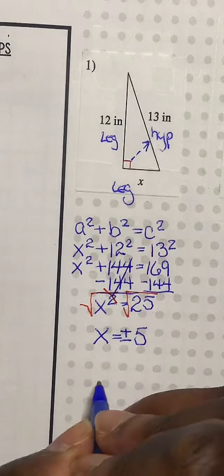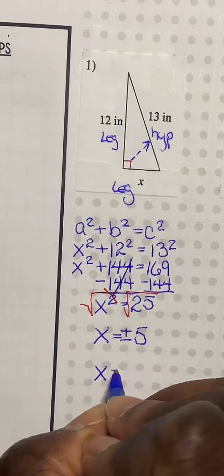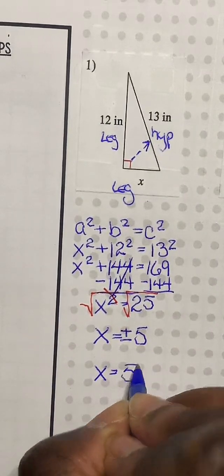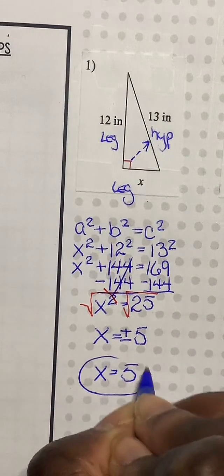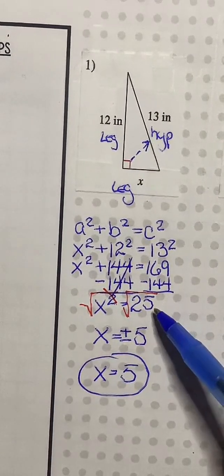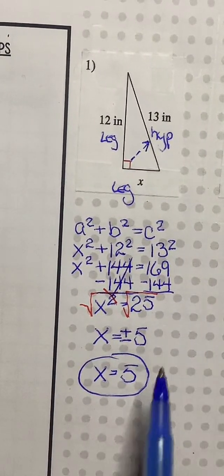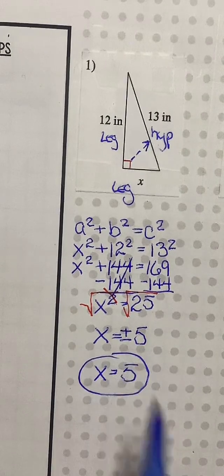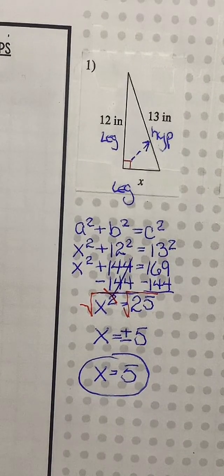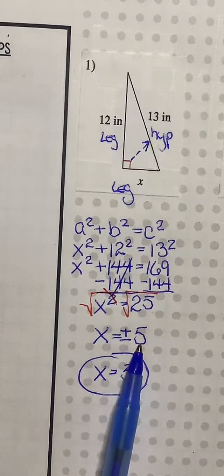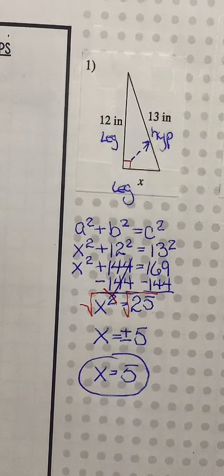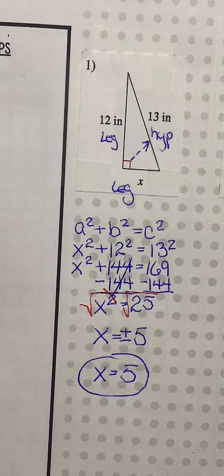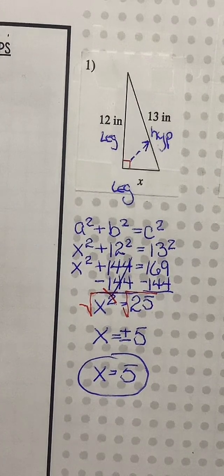So that's why we really just focus on the positive 5. Okay? So anytime you break down a square root, you're really given 2 solutions, a positive solution and a negative solution. Okay? And it's not 5 squared, it's just going to be the 5.